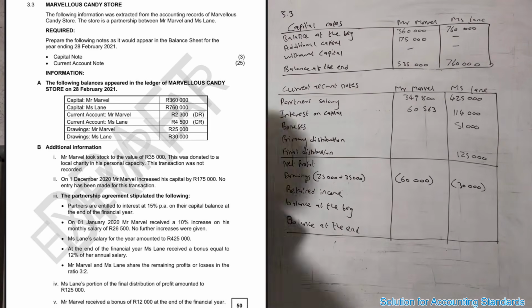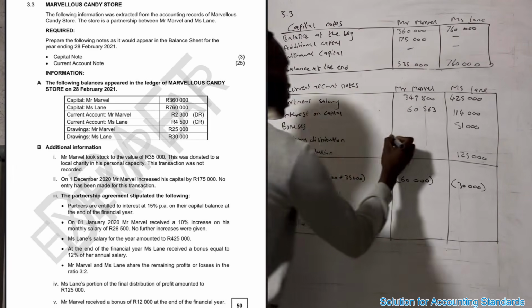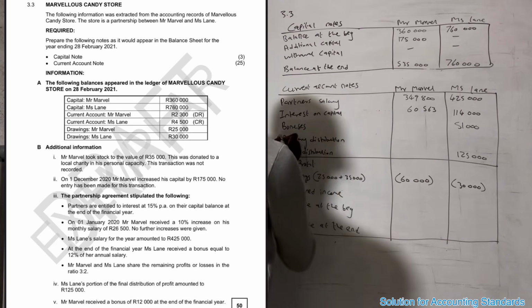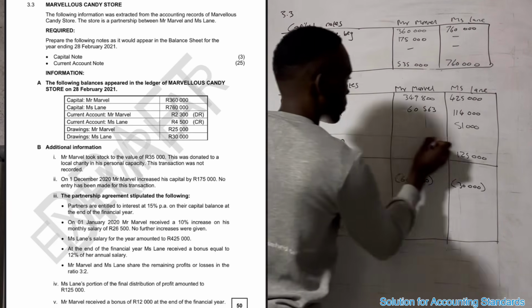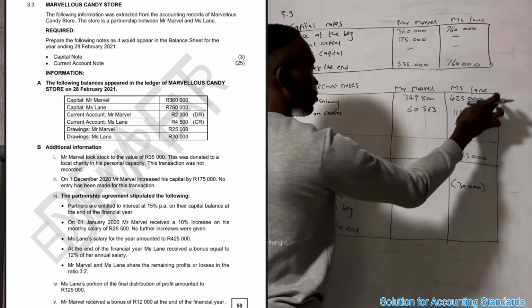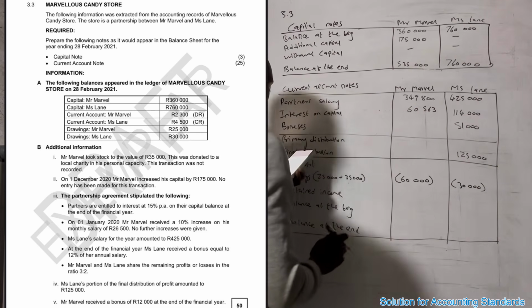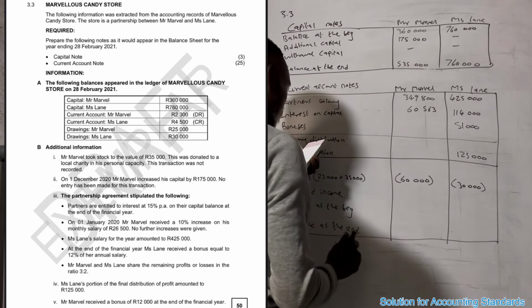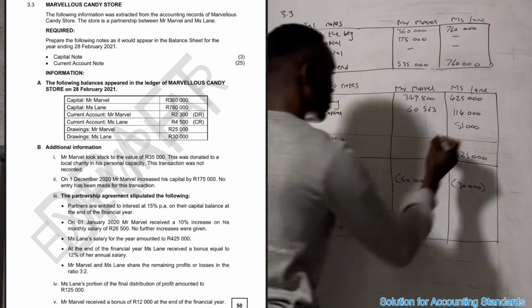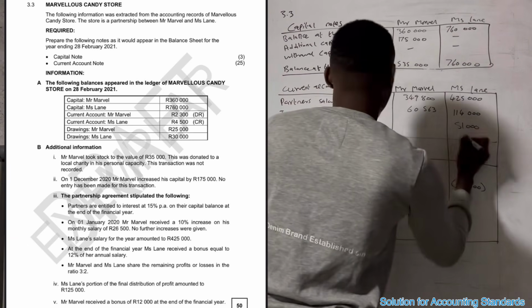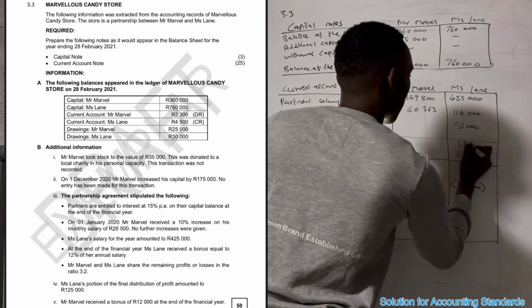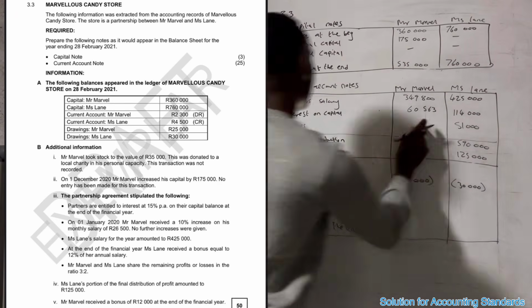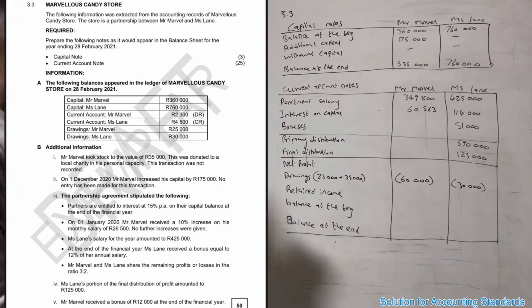But here I think let's first get the primary distribution. We just have to add everything. Well, this plus this plus this is going to give us 590,000. I think, but there is a bonus for Marvel.